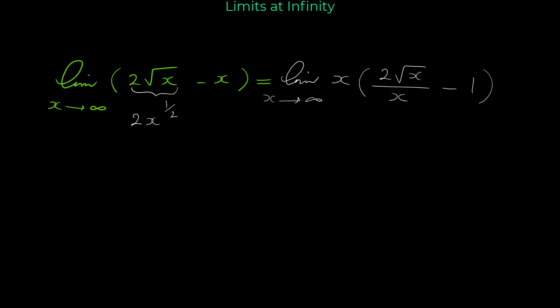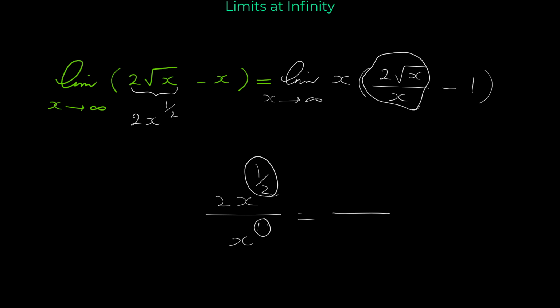So we have 2 radical x over x. If we simplify, this term is 2x to the 1/2 over x to the 1. If we subtract this power from 1, we can write this as 2 over x to the 1/2. Here the power is 1, here the power is 1/2, so this cancels with this, and from x to the 1 only x to the 1/2 remains.